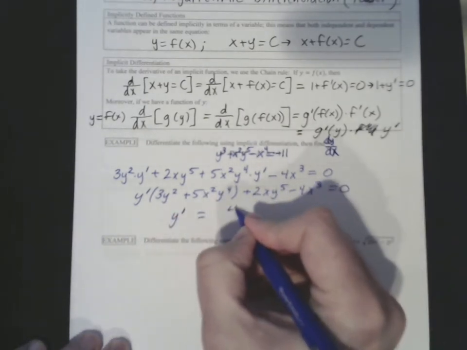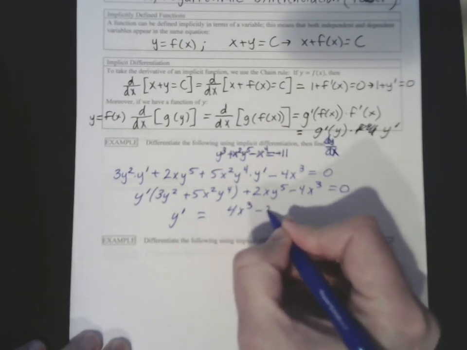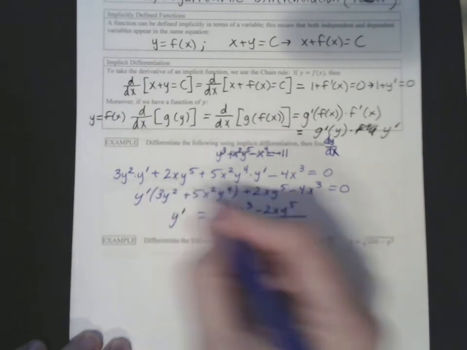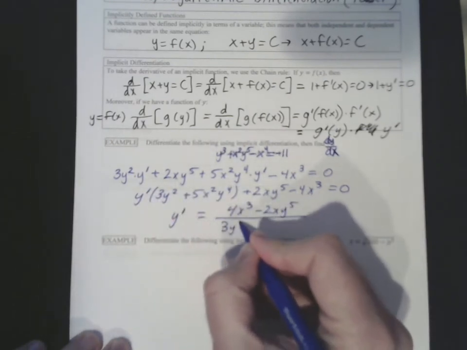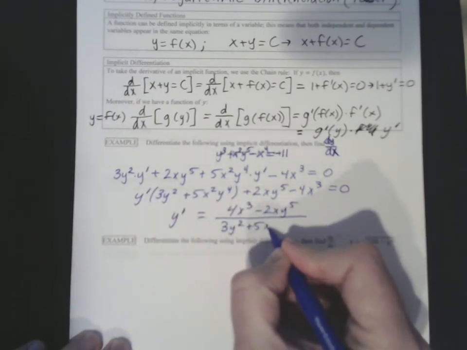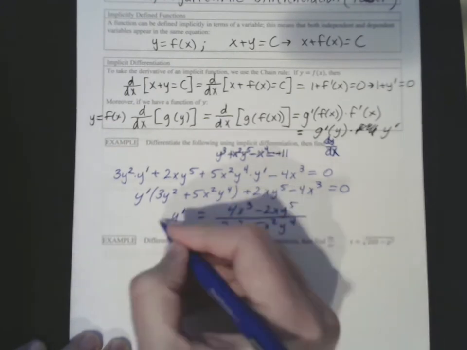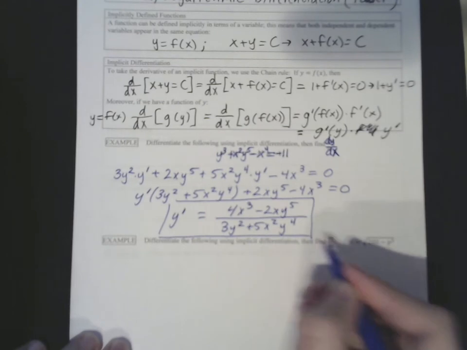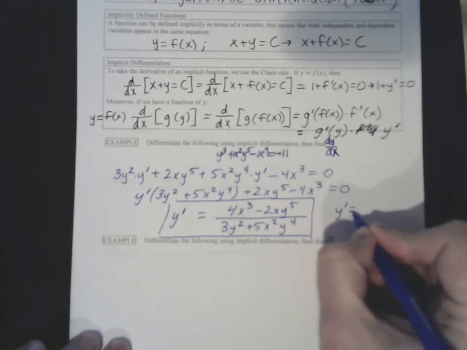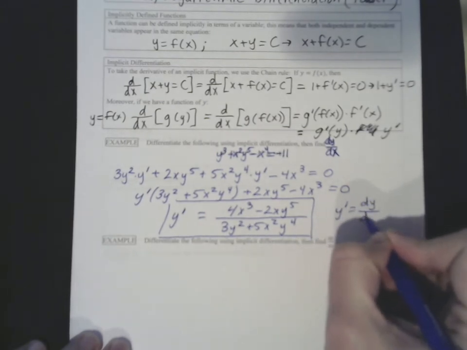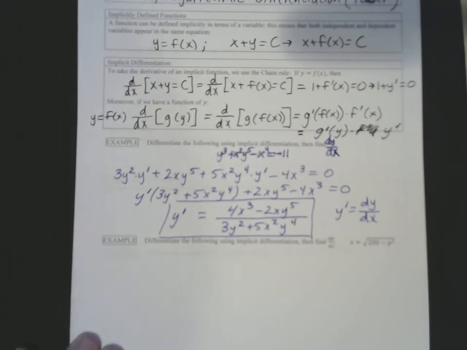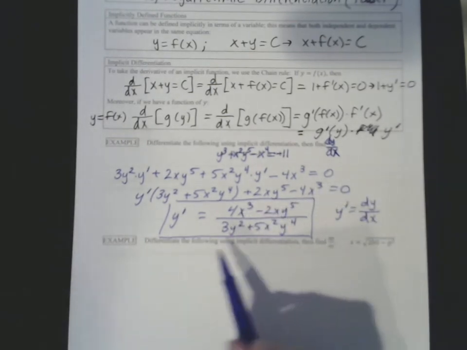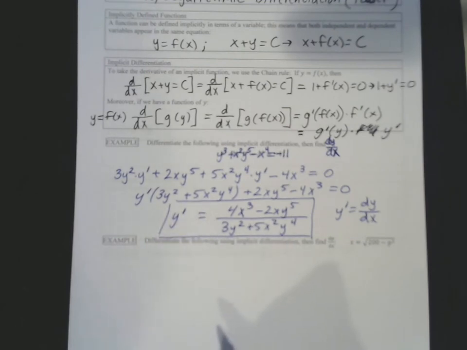So we add 4x cubed and subtract 2xy to the fifth, and then divide by everything here, which is 3y squared plus 5x squared y to the fourth. And so that is our derivative, y prime, or dy dx. Remember, y prime equals dy dx, just another notation. So these problems will always have you end up solving for y prime.